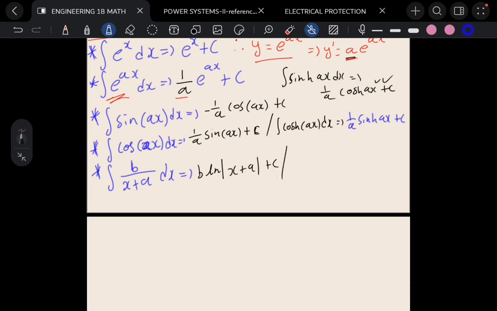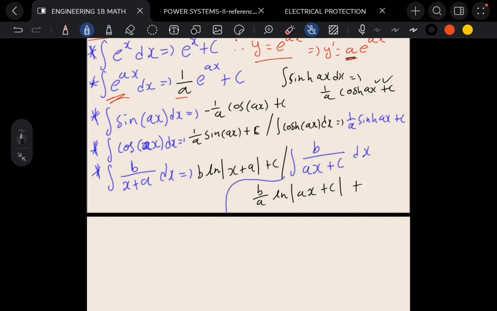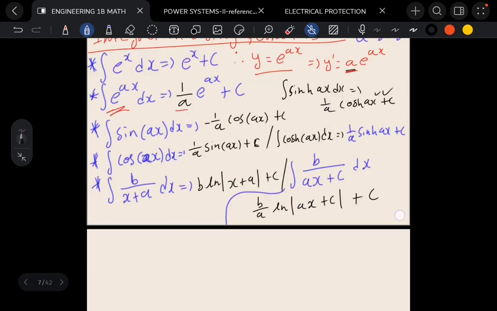When we integrate b over ax plus c dx, our integral is going to be b over a ln ax plus c. Now this c is for the general thing, right?